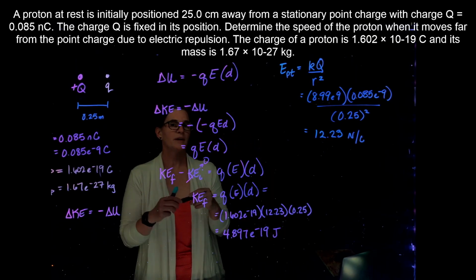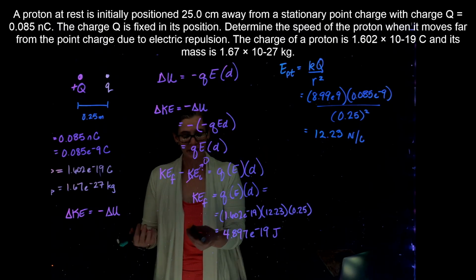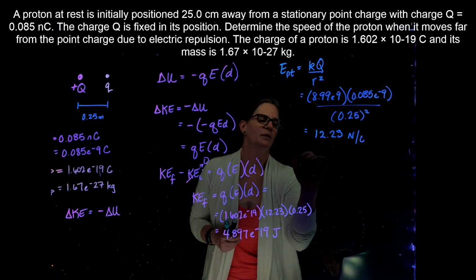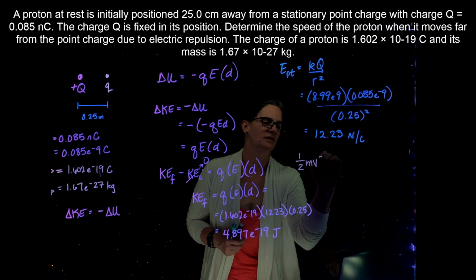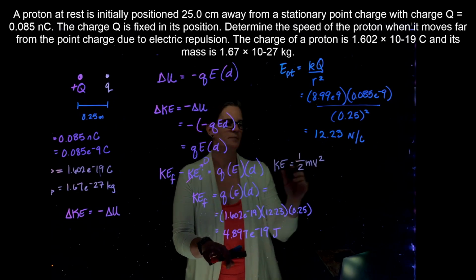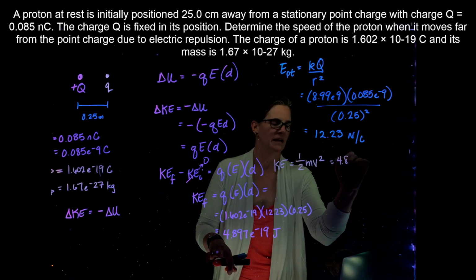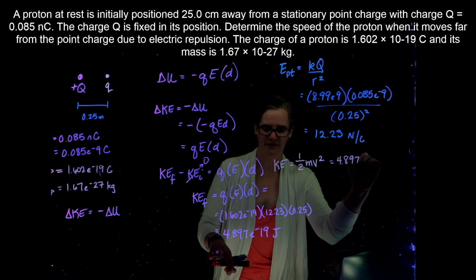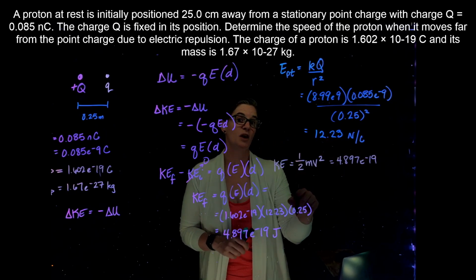All right, so we know our kinetic energy. Now, how do I get my speed from kinetic energy? We know that kinetic energy is equal to 1/2 mv squared. So that now is going to equal 4.897 times 10 to the minus 19th. I can solve for v.